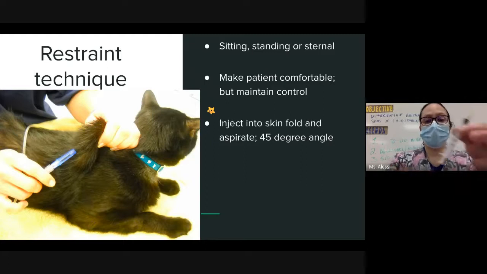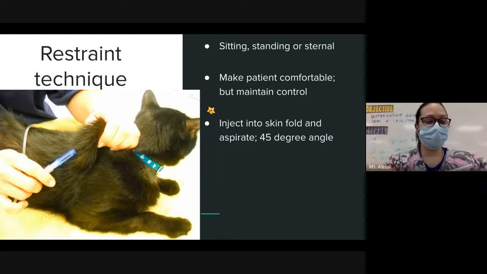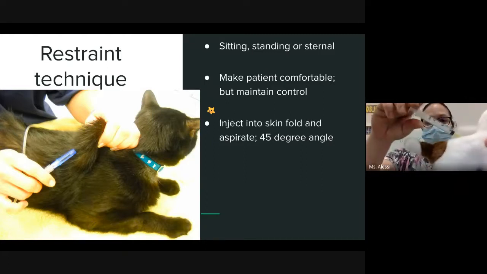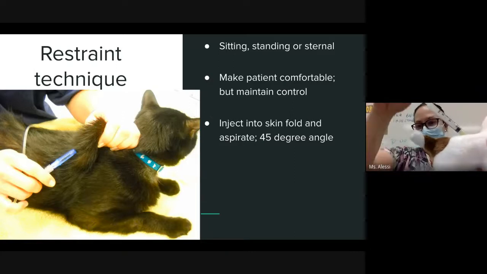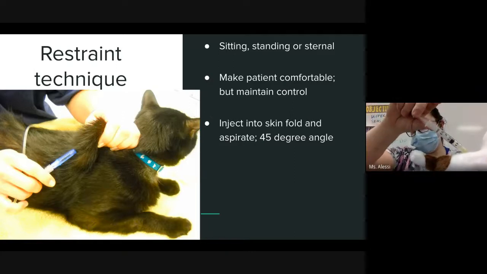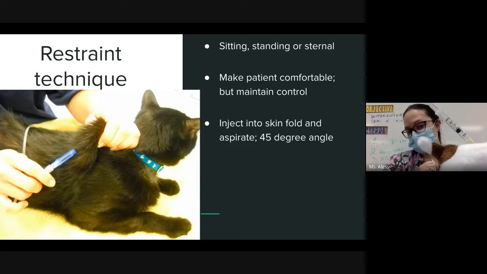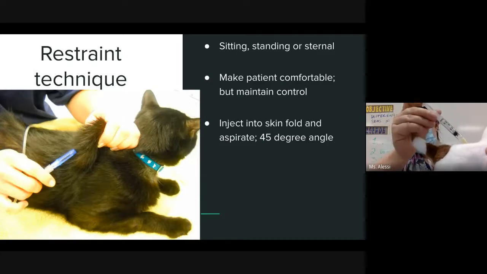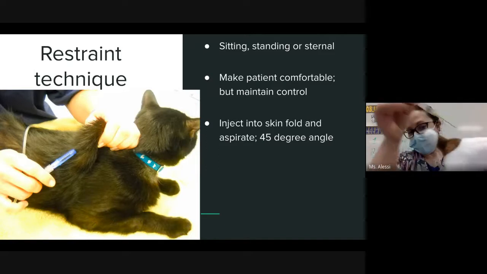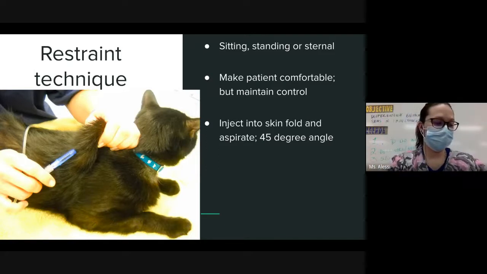When we're talking about aspirating, I've injected into my animal, and now I'm going to pull up on my plunger. I've aspirated, there's nothing in there, so it means I'm not in a vein, and now I can go ahead and inject my medication and pull straight out. Okay, so that is your sub-Q.